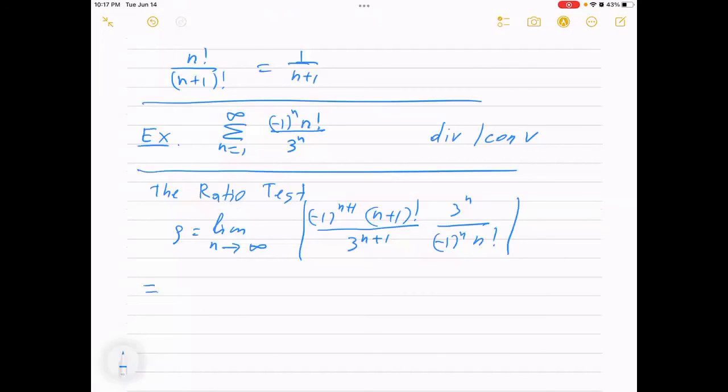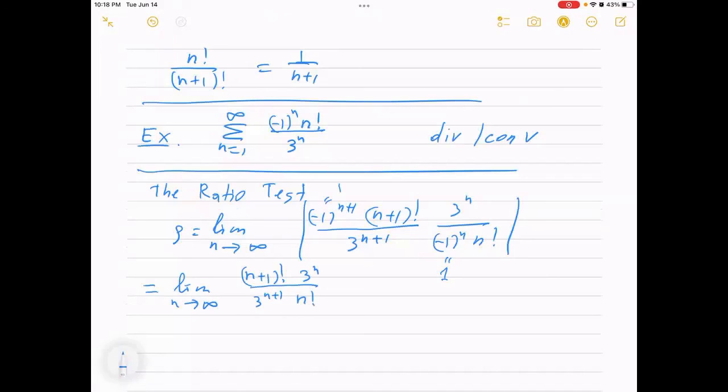The absolute value will take care of (-1)^(n+1) and (-1)^n, which will become just 1. So we get (n+1) factorial multiplied by 3^n, divided by 3^(n+1) and divided by n factorial.